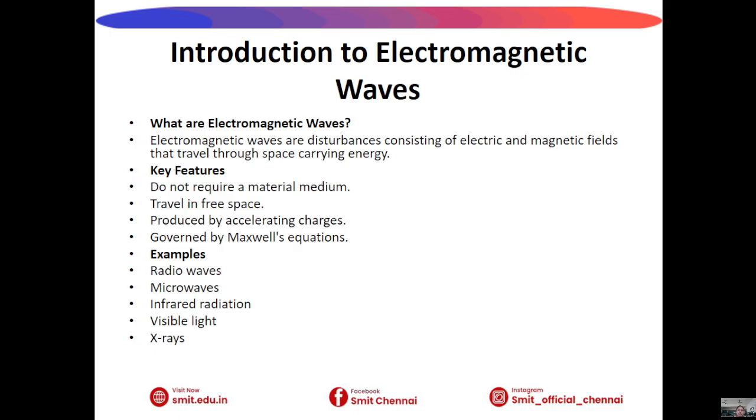They can travel through a vacuum. Electromagnetic waves are generated by accelerating electric charges. The examples include radio waves, microwaves, infrared radiation, visible light, ultraviolet rays, X-rays, and gamma rays. All these waves differ only in their frequency and wavelength.